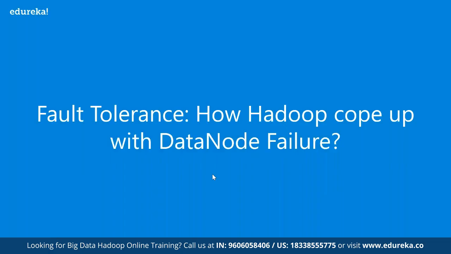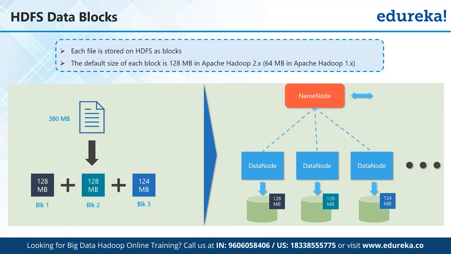Now, how is fault tolerance taken care of? Let's say your file has 3 blocks, 128, 128, 124, which is 380 MB. This is how you will store data in Hadoop, chopped off into different blocks. Now, what if any of the data nodes goes down?